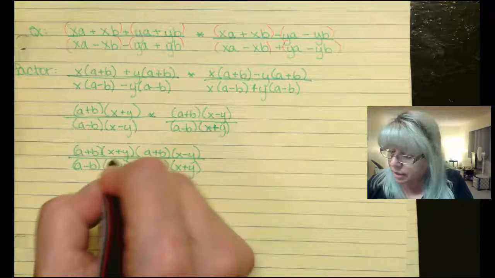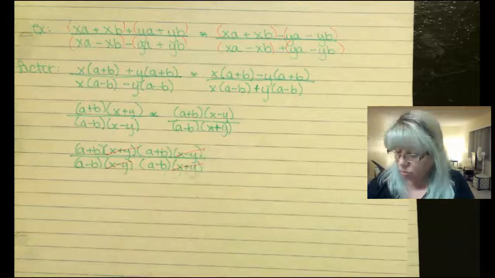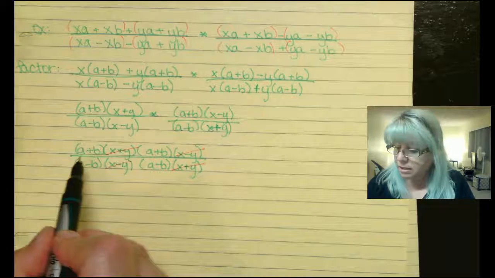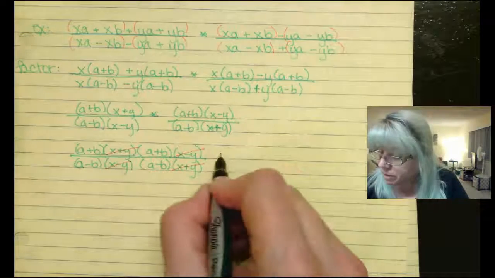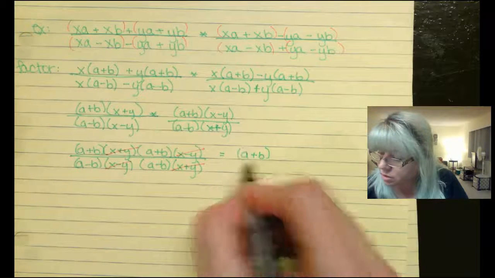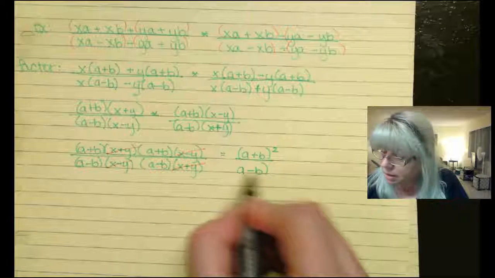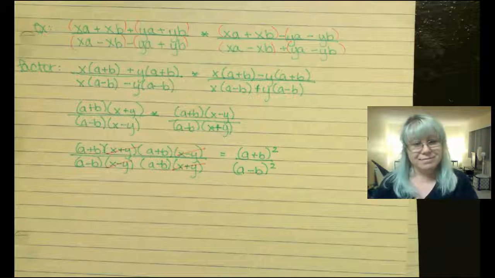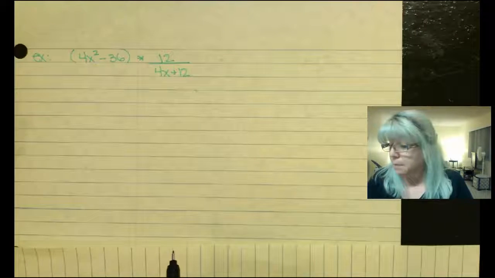Yes. x plus y, x plus y. x minus y, x minus y. I cannot do a plus b and a minus b. That just won't work. So my answer, a plus b squared over a minus b squared. That's my final answer. Let's do a couple more examples.